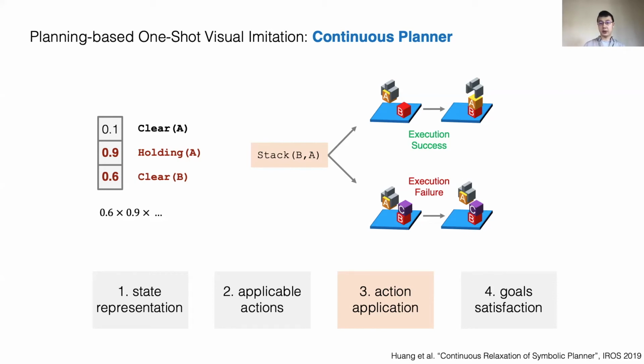So this leads to two cases. First, it might actually satisfy, and then the action can be executed. But the distribution might also include uncertainty and errors from perception, so the execution might fail. So we need to consider both cases when adapting the distribution by action application.